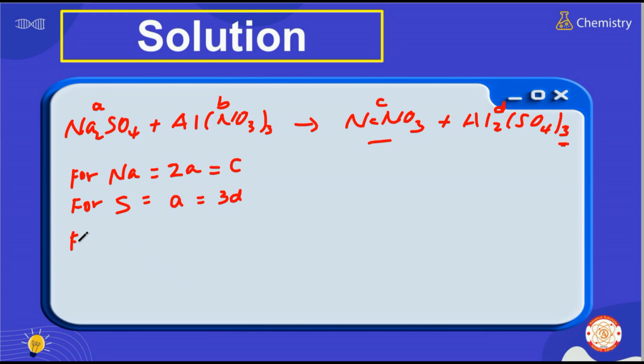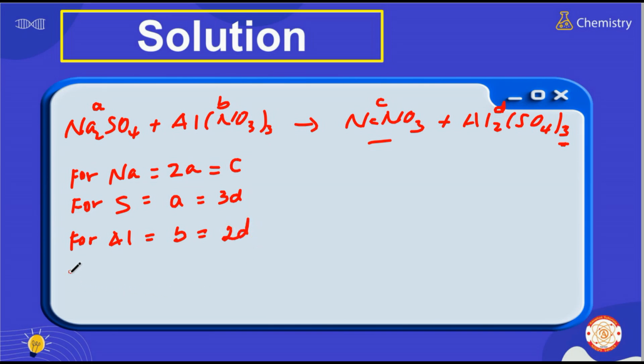And for aluminum, how many atoms of aluminum do I have on the right hand side? 1. 1 times B is B equals, and how many do I have on the right hand side? 2, 2D.